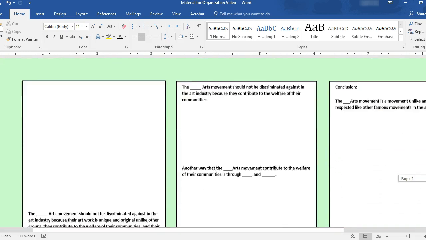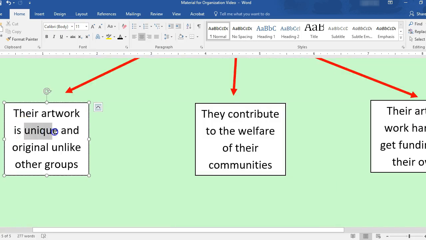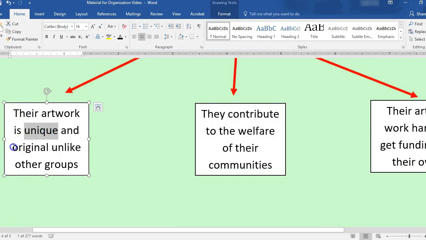The way that it would look like here is we would have more than one topic sentence for that point. So the arts movement should not be discriminated against in the art industry because their artwork is unique. And the arts movement should not be discriminated against in the art industry because their artwork is original. We could have one paragraph for their artwork being unique and another paragraph for their artwork being original.